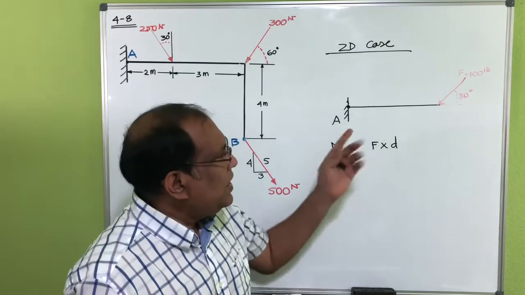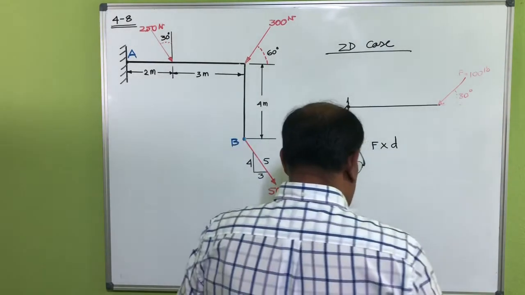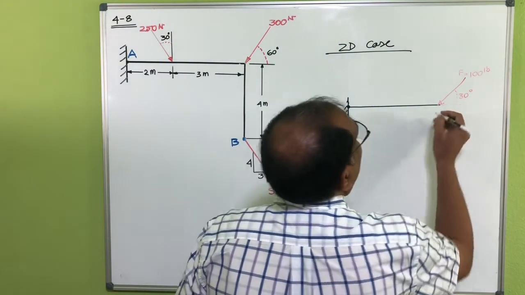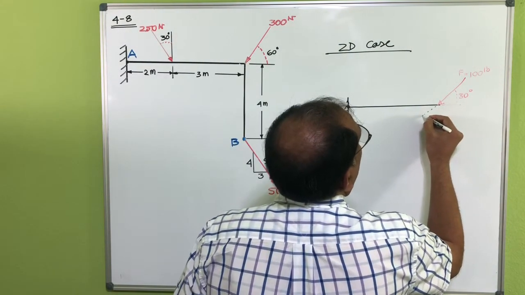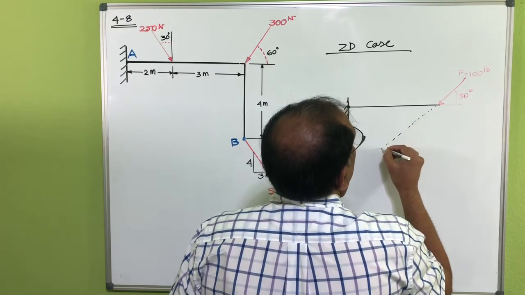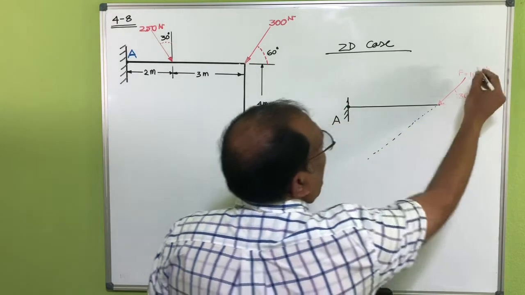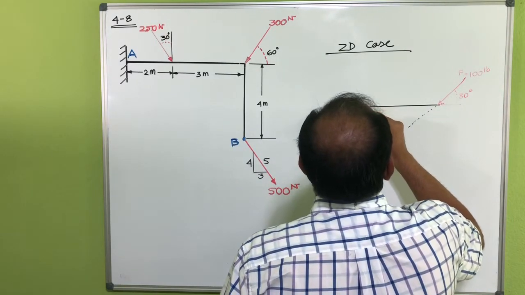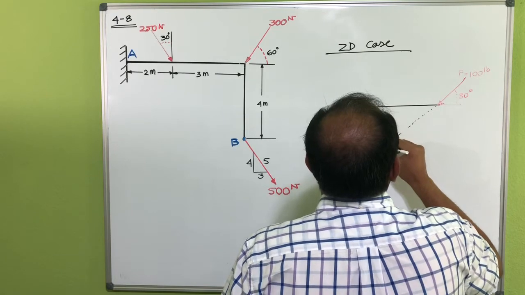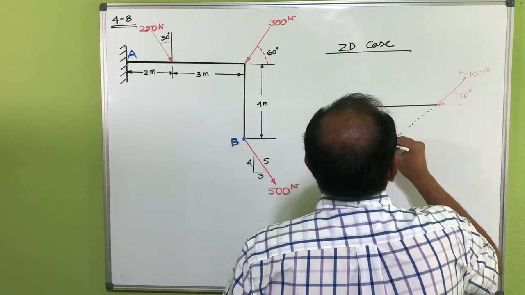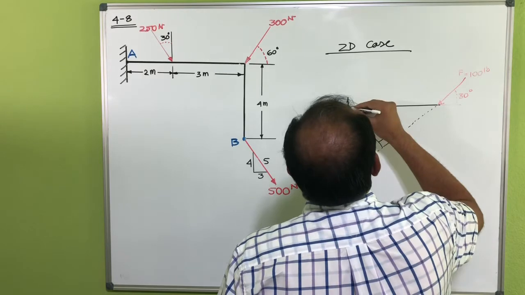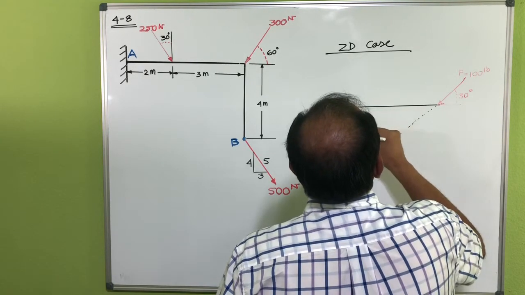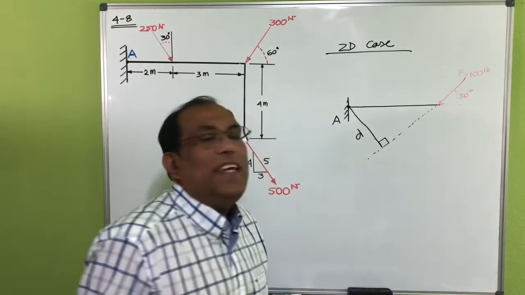So if you draw the line here, then basically you have to extend this line here. This is the line of action of that force, and if you take the perpendicular distance of that, then we are talking about this distance here.